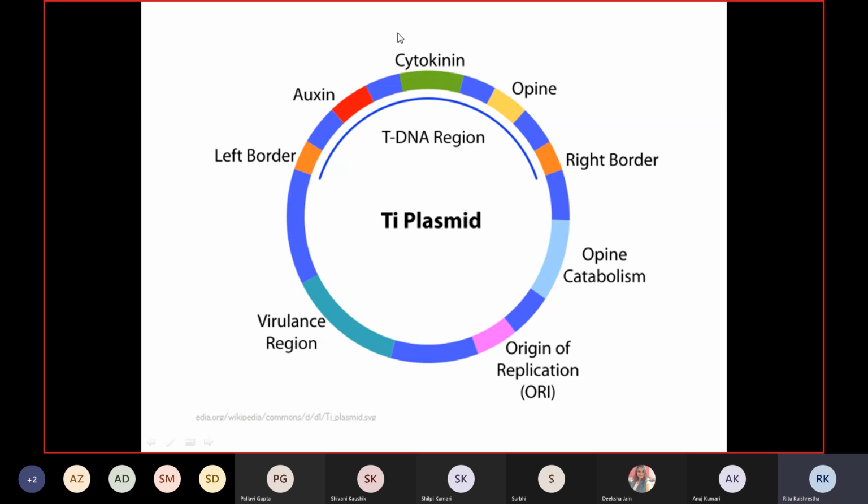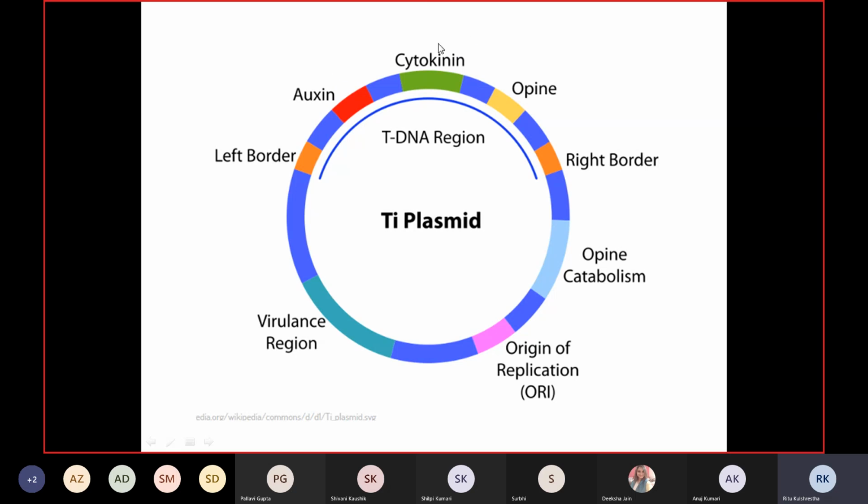So if any plant cell gets a very high amount of both auxin and cytokinin, it's the ratio that is important. If a plant cell gets a very high amount of auxin, it will lead to induction of root. If a plant cell gets a very high amount of cytokinin and a low amount of auxin, it will lead to induction of shoots.